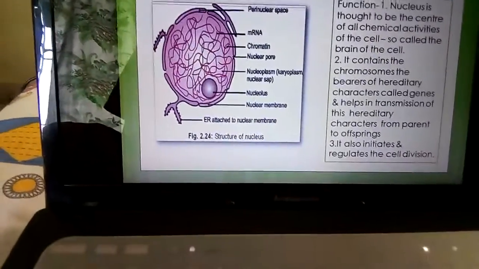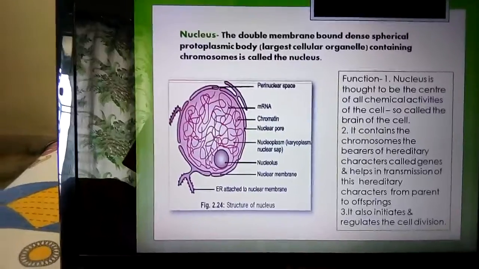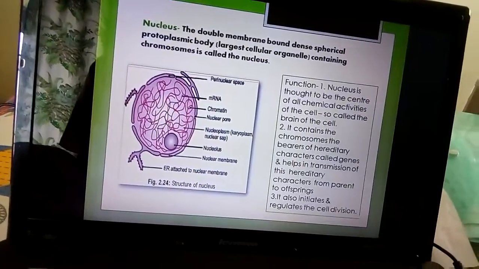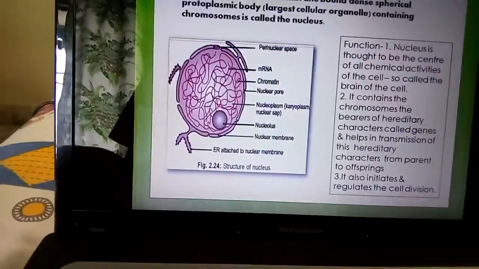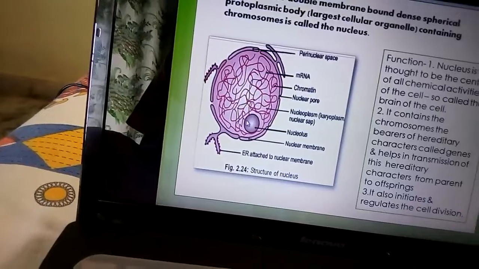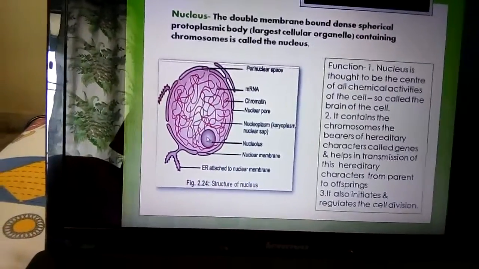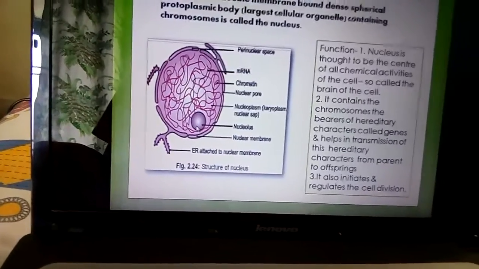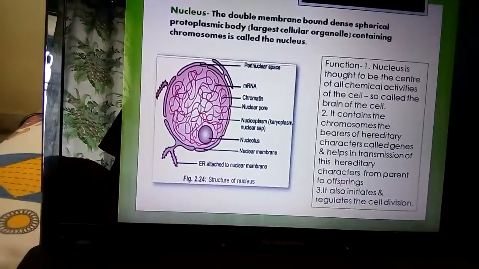Now the nucleolus. The highly refractile, dense and non-membranous spherical body present within the nucleus is called the nucleolus.